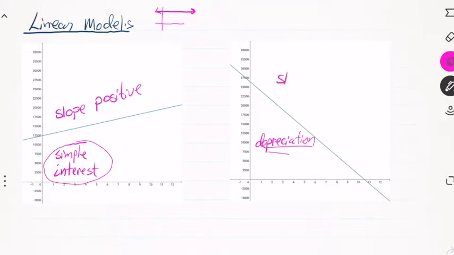This would be a slope that is negative, or a decreasing linear model. And then the boring one where it doesn't change at all is called zero slope. These are really important to understand, because slopes are what we've been dealing with all semester, known as rates.